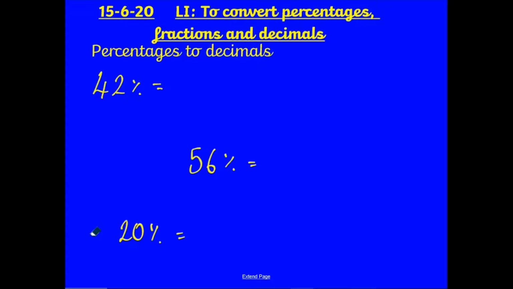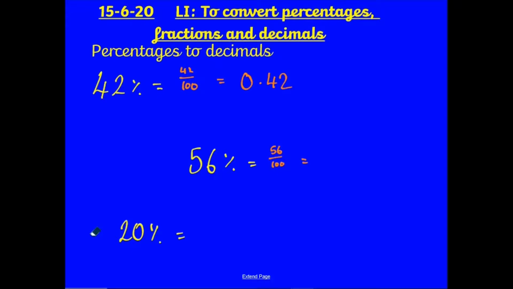Now, let's have a look at percentages to decimals. Well, if you know that 42% is 42 over 100, okay, as a fraction, because remember it means part of 100, you've got 42 parts of 100, so that's 0.42. So effectively you're dividing by 100 for each one. 56%, well, divide that by 100, because remember it'd be 56 over 100.